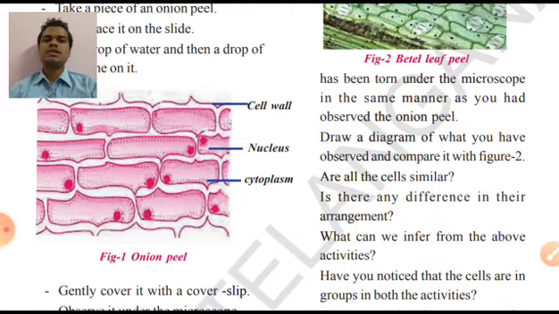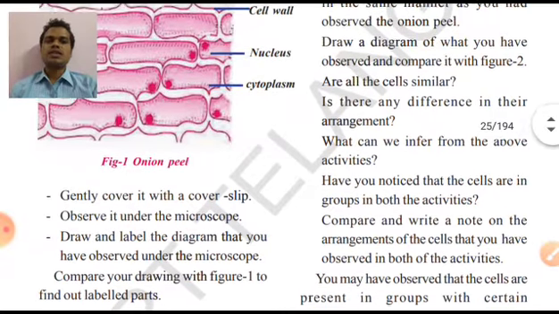Sometimes it is present in the center and sometimes at the sides of the cells. So it is clear that the nucleus is not always present in the center of the plant cell. As you see here, cell wall, nucleus and cytoplasm. What is the meaning of cytoplasm? Cytoplasm is a small jelly-like or liquid-like substance that is present inside the cell.